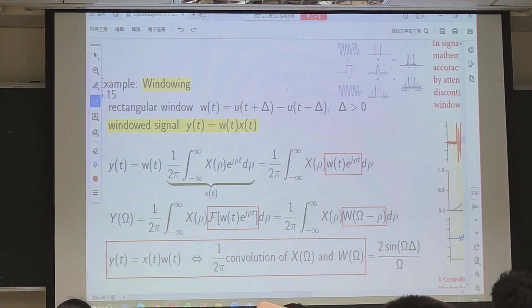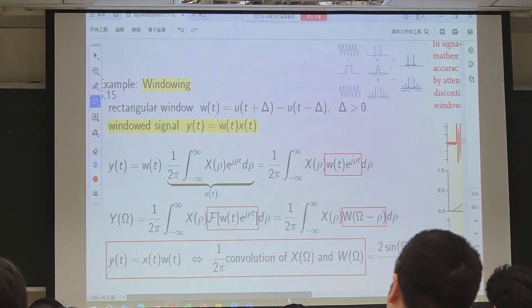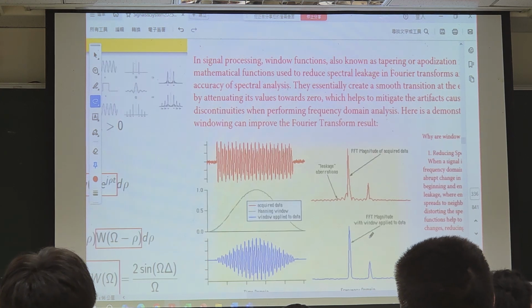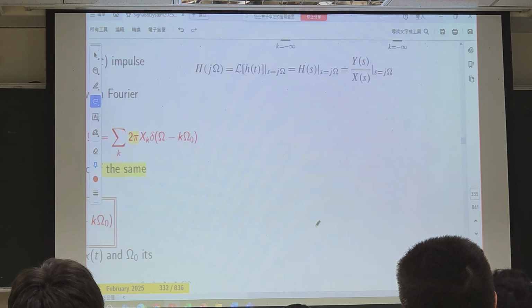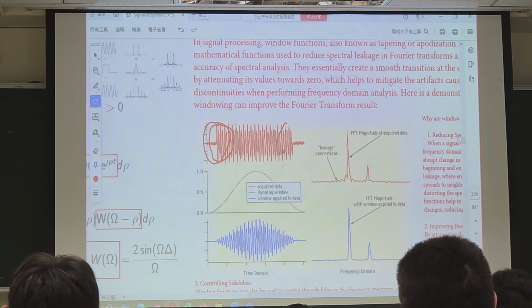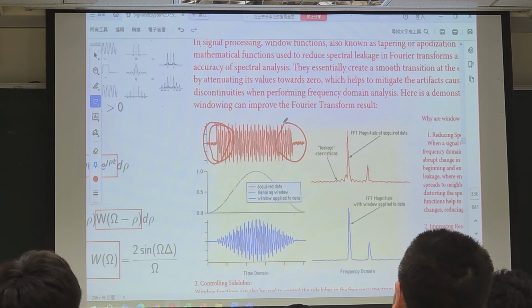Windowing, this is important. For signal processing, if you try to process a signal, usually we have to add a window to the signal. How come? Because in many cases, the edge of the signal usually has some kind of disturbance, and we try to attenuate or minimize that disturbance.